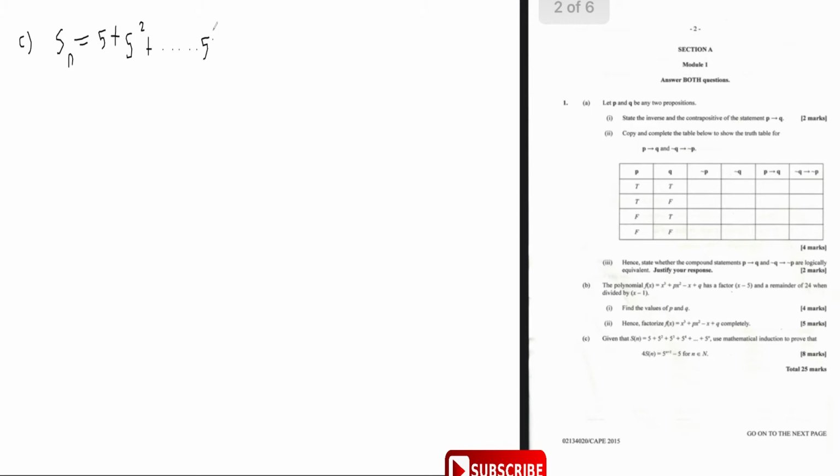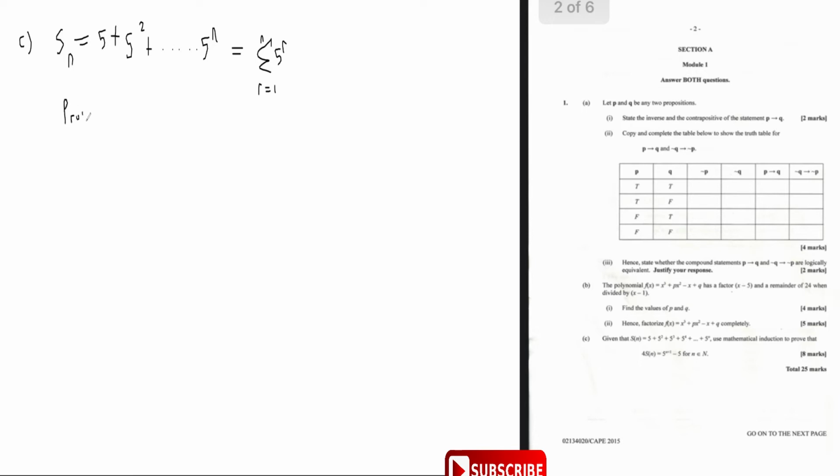This is Sn. In other words, I'm going to rewrite Sn as the sum from r equals 1 to n of 5 to the r.